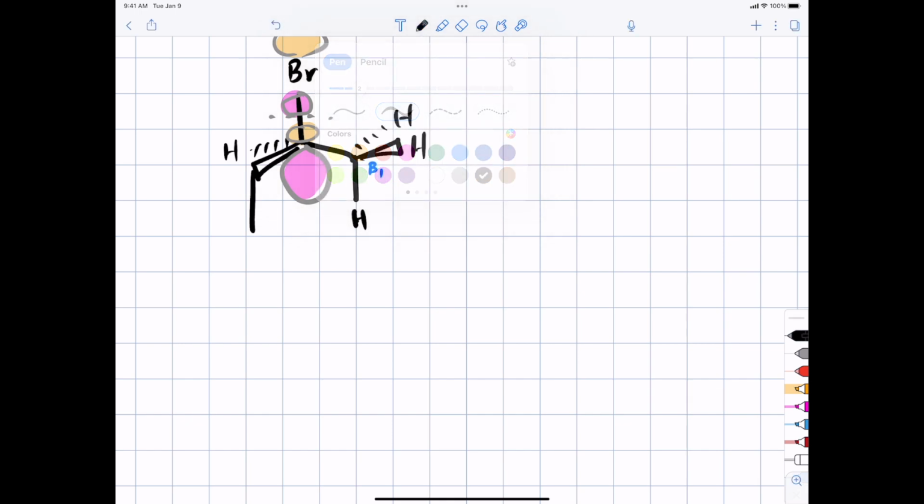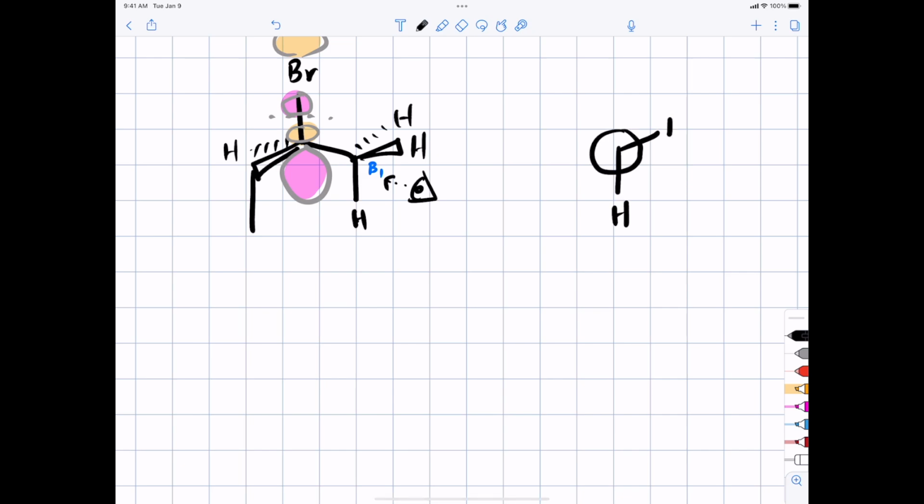And in fact, if we were to draw a Newman projection looking down that bond, what we would see in the front here are the hydrogens for our beta carbon 1. And in the back, we would see the Br group here. And let's see, from our perspective, then hydrogen is here and ethyl group is there. You good with that view?